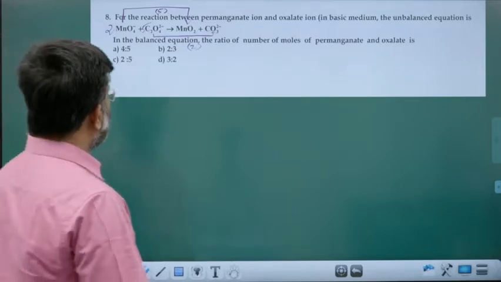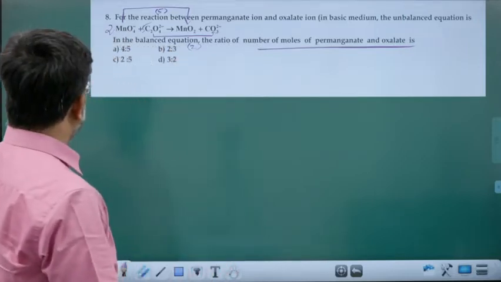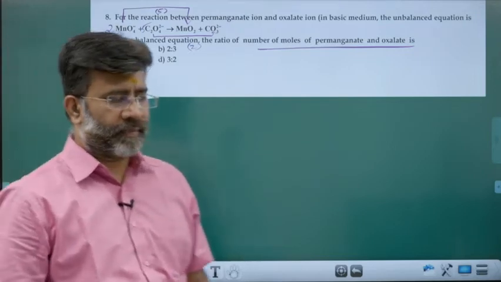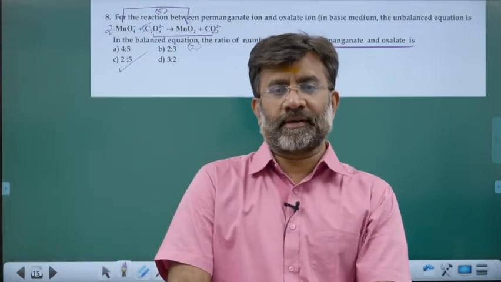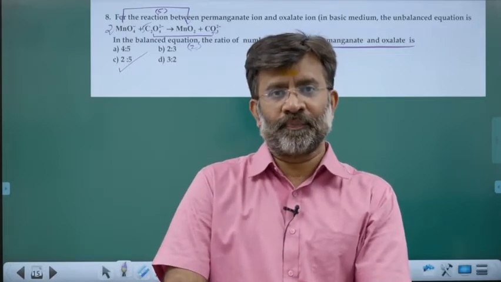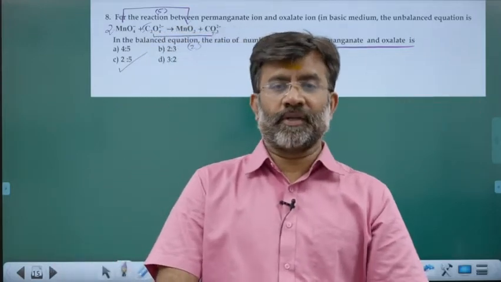What asked is ratio of number of moles of permanganate and oxalate. 2:5, option C, 2:5. N factor for permanganate, it is 5. N factor for oxalate, it is 2. How it is 5 for permanganate, +7 to +2, 5. How it is oxalate?